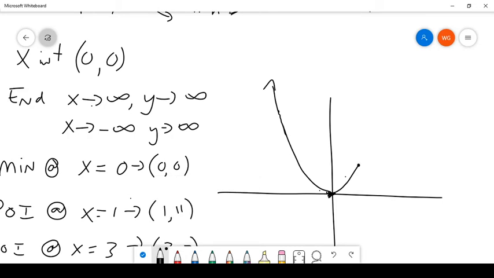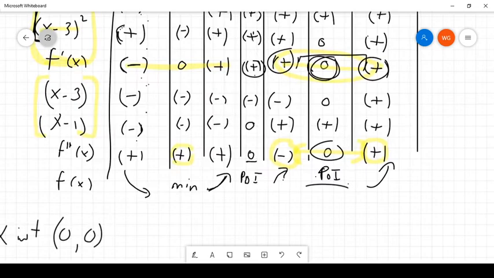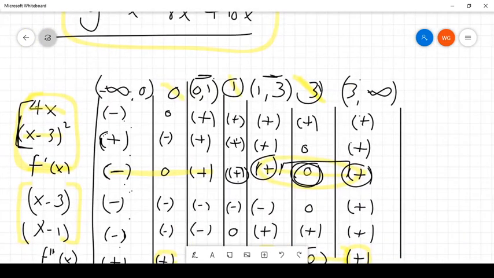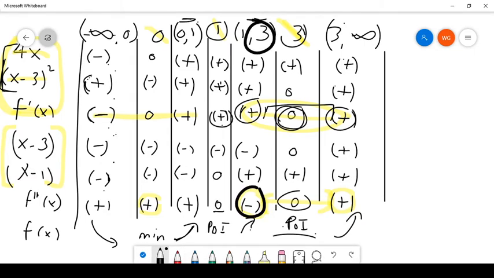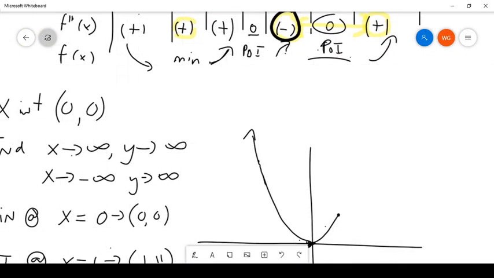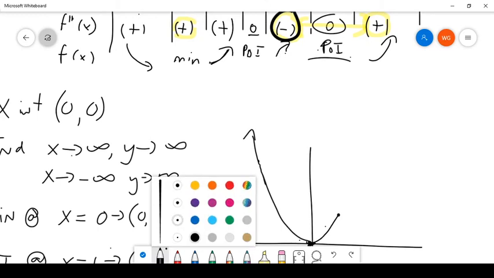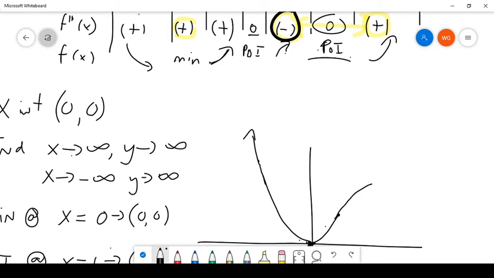And then after that point, after 1, the slope remains positive but the function becomes concave down. As witnessed on the interval from 1 to 3, the function becomes slightly concave down. So the function begins to look something like this. Then at x equals 3, the slope bottoms out.